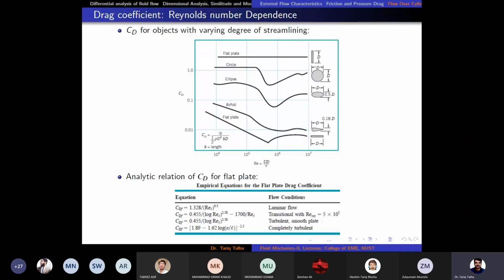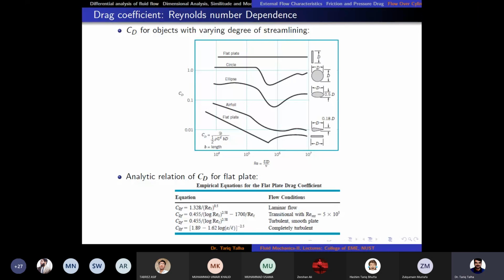That is the reason we slow down on a speed breaker so that we don't have that jumping of our vehicle, whether that is a bike or a car. So we want to reduce the speed. So lift is desirable in certain conditions and undesirable in some other conditions.